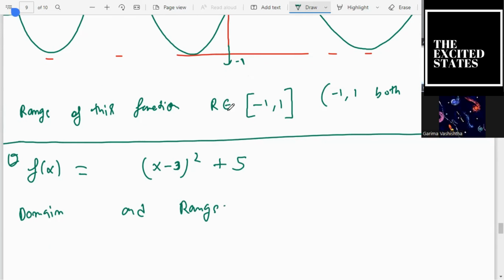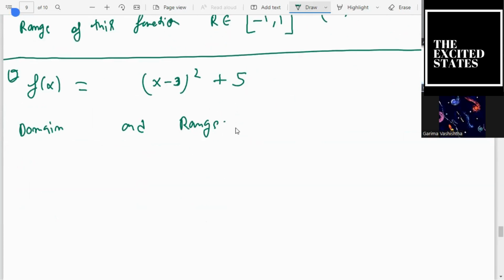First we have to calculate the domain. What is the domain? That means the values of x that this function can take. This function can take any value, because there is no square root and there is no term in the denominator.